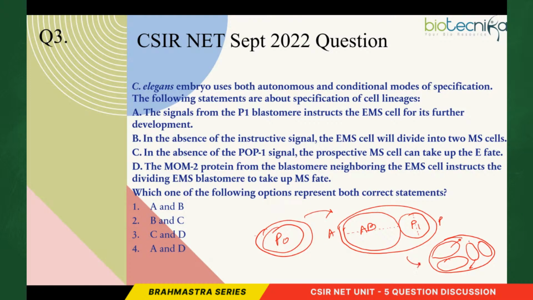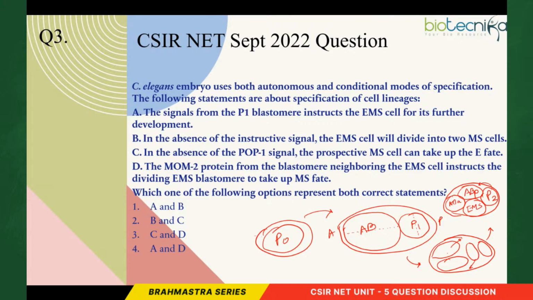One daughter cell of P1, which is P2, will be present here. Another daughter cell, EMS, is present here. Then one of the daughter cells of AB would shift over here on top of the EMS, and with signal by P2 to this daughter cell of AB, it forms ABp, and the cell towards the anterior would still form ABa, the anterior-most AB daughter cell.